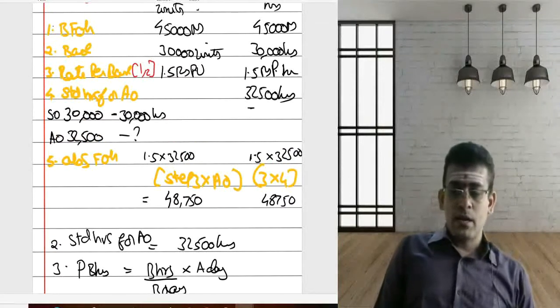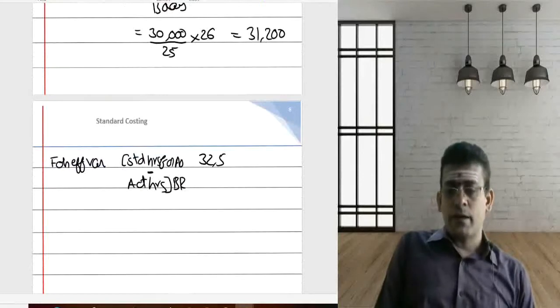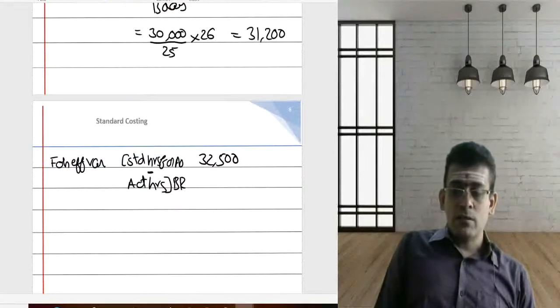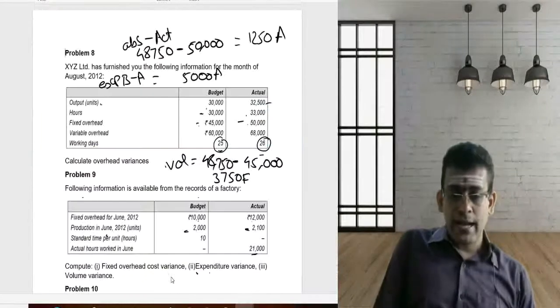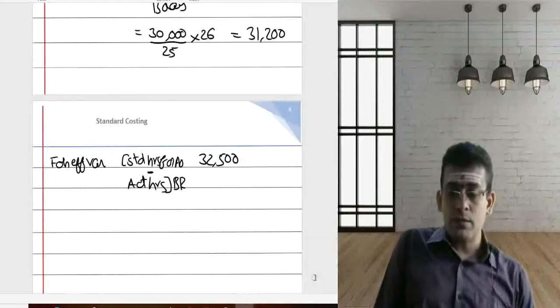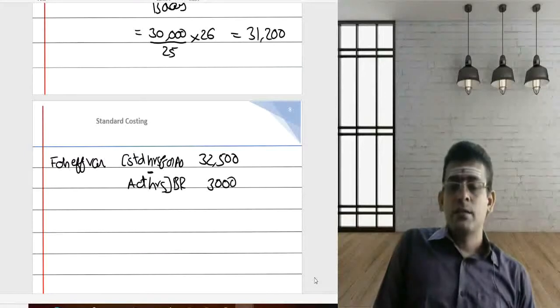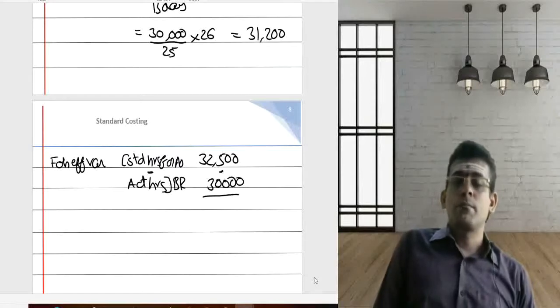So standard hours for actual output is 32,500. What is your actual hours? I had done this task in 33,000. Now what I need to do is find out this difference, which should be multiplied with your rate.